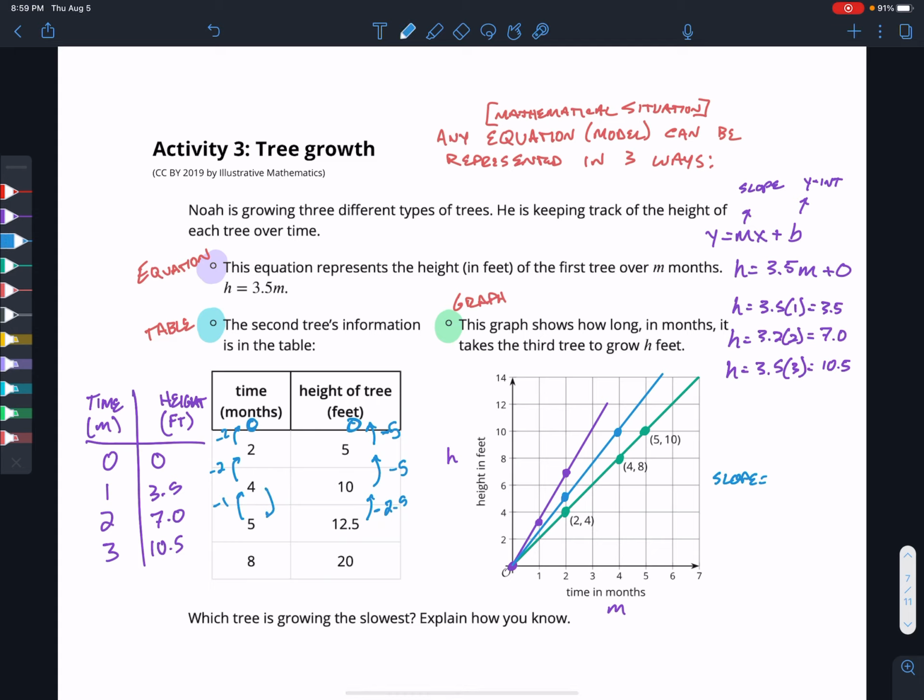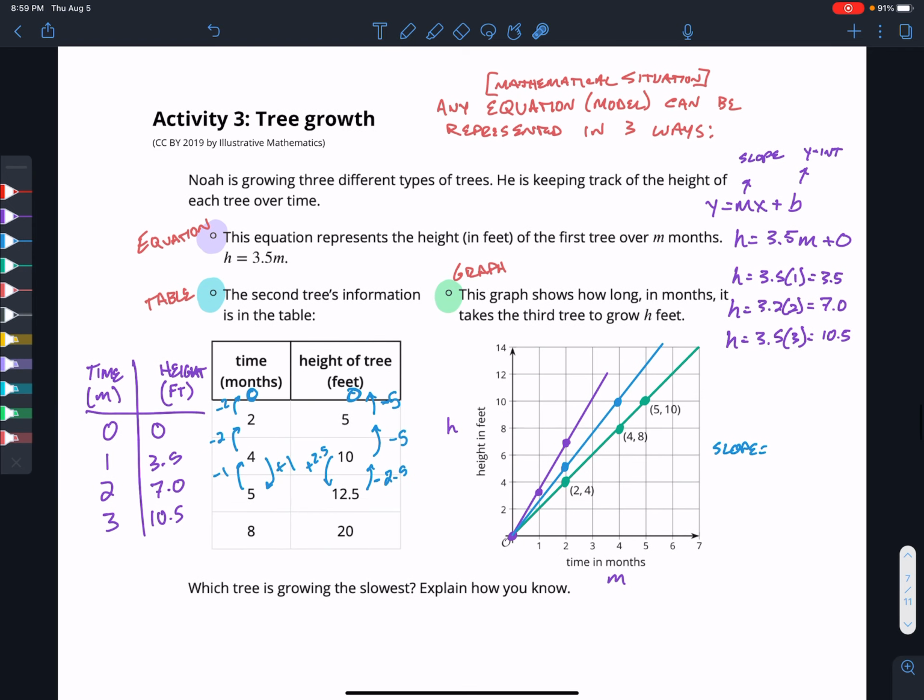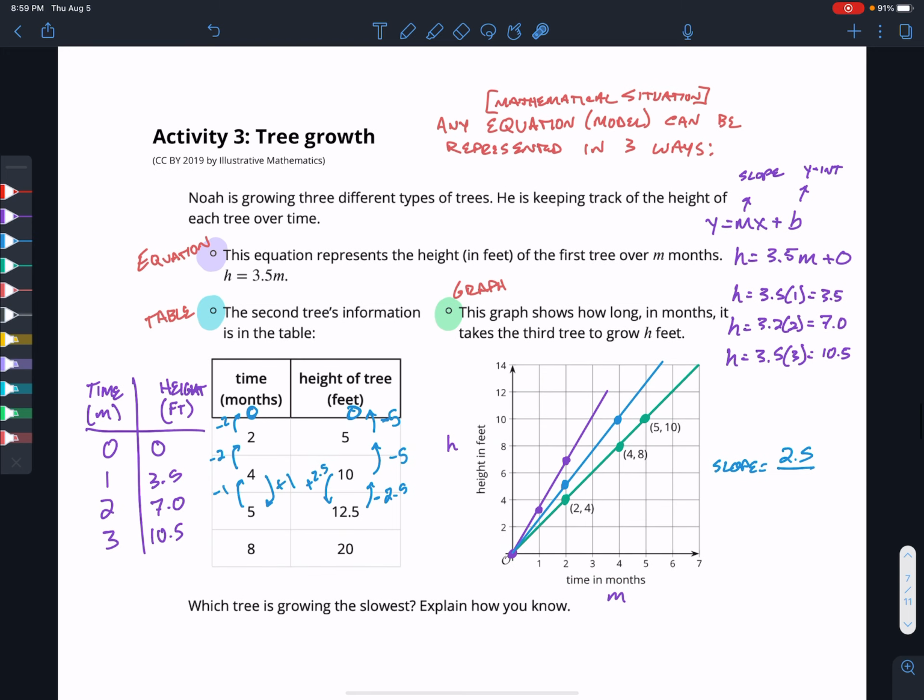So as I'm going up 1, I'm going to be going up 2.5. So my rise, my height, is 2.5. My run, my months, is positive 1.